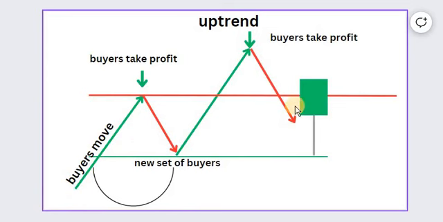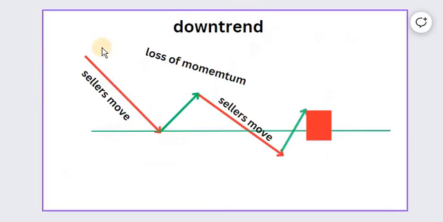But in a downtrend, the reason price falls is because there are not enough buyers coming into the market. That means we don't have enough aggression, volume, or momentum. Maybe there are no strong news releases.